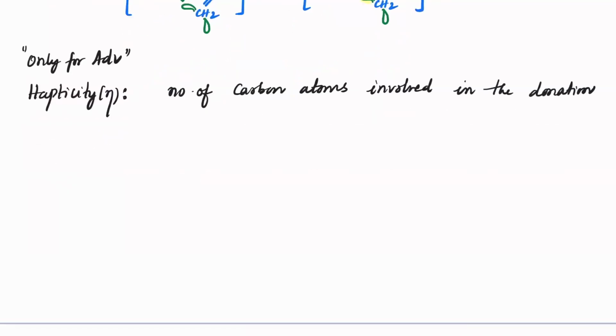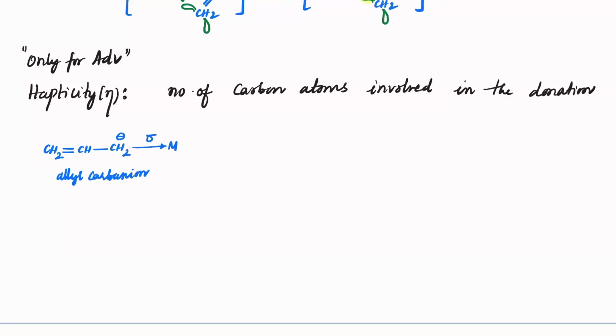Let me show you. The representation itself will make a lot of difference. For example, if I represent it like this, CH2 double bond CH, CH2 minus, this is allyl carbanion. If this is the representation given, it means you are expecting only one lone pair donation from here.